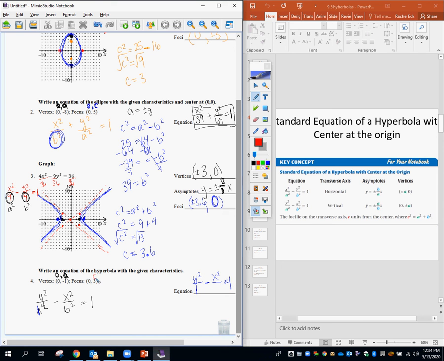Our focus tells us what our c value was, and that c comes into play in this equation. C squared equals a squared plus b squared. If I squared 3, I'd get 9. The a, remember, was 1. If I squared 1, I get 1. But I don't know what b is, so let's subtract 1. And I get b squared equals 8. That's what I need. I need to know what b squared is to put it underneath the x squared. So this is the equation of this hyperbola.